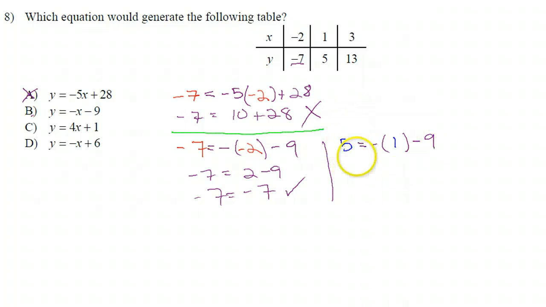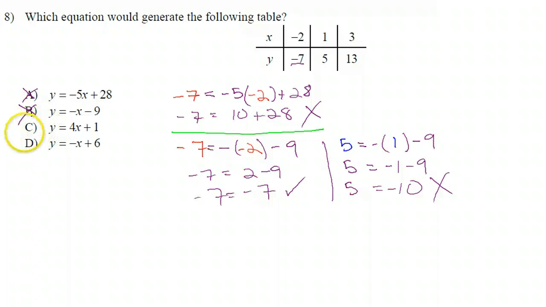And let's see what happens here. I have 5 is equal to -1 minus 9, which is 5 is equal to -10. And it didn't work. So that's why if you try just one, you may get something that works, but if you don't try the other ones, you may get something that's still not a solution for all of them.